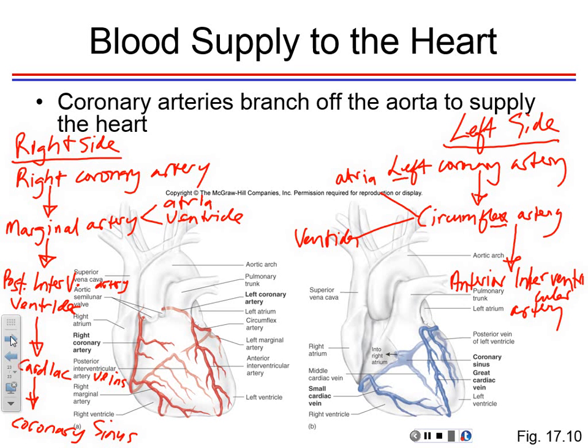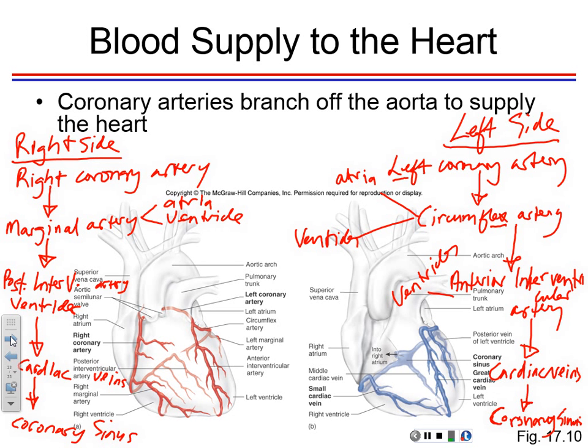So this provides the ventricles. Okay? And then from the ventricles, same situation as on the right, it all pulls up in the cardiac veins, and then goes into the coronary sinus. Remember, we've been saying the coronary sinus deposits into the right side, into the atrium.